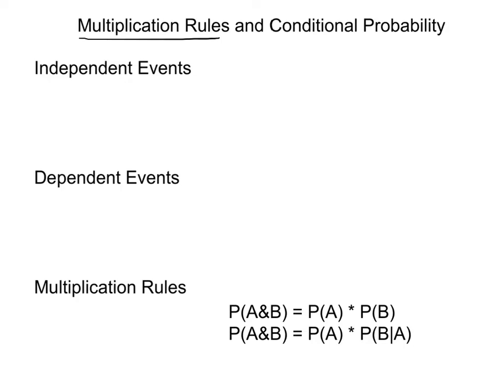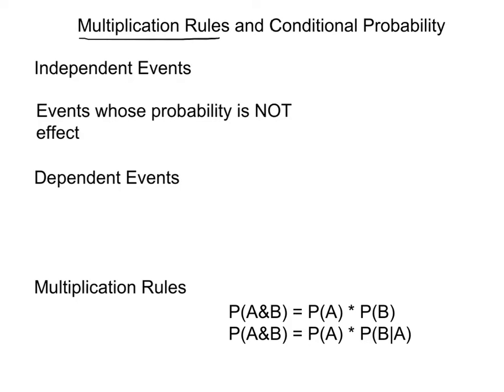When we talk about independent events, what we're talking about is events whose probability of occurring is not affected by the outcome of the first or other events.